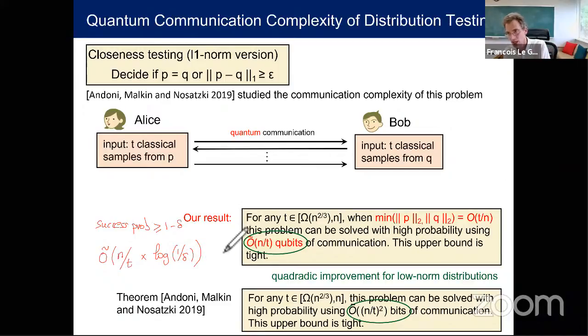Especially in our case, it's one-sided error, so you can amplify things. So success probability is not a big issue here, but it's not probability 1. Of course, with high probability you can make the probability as large as you want with a very small cost, but it's not exact. Okay, thank you.